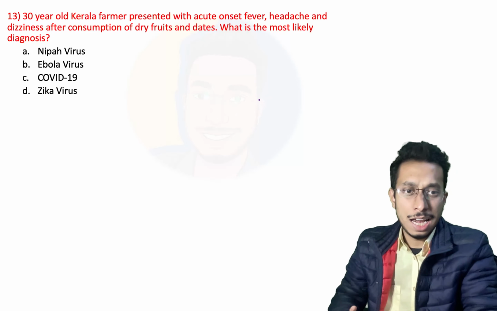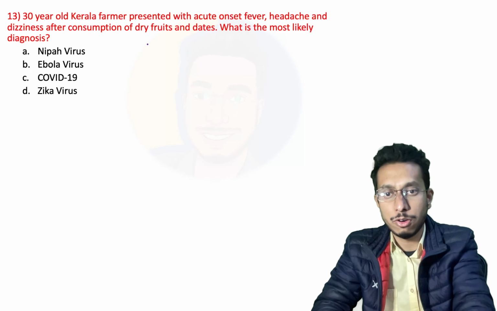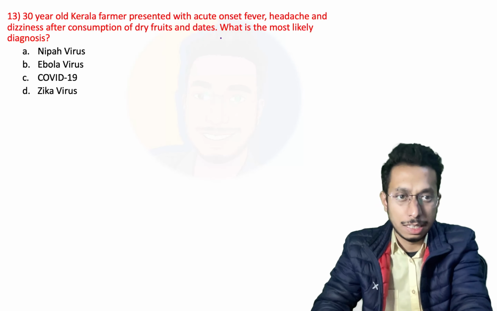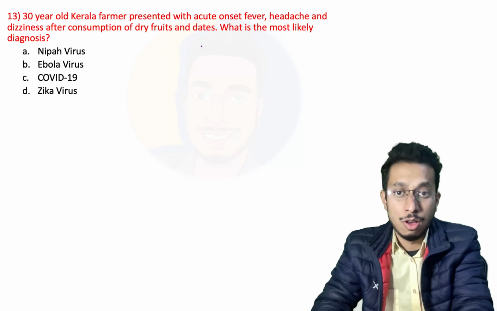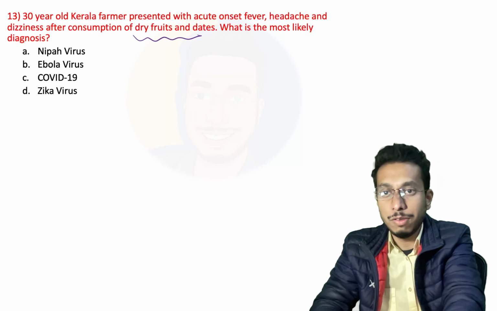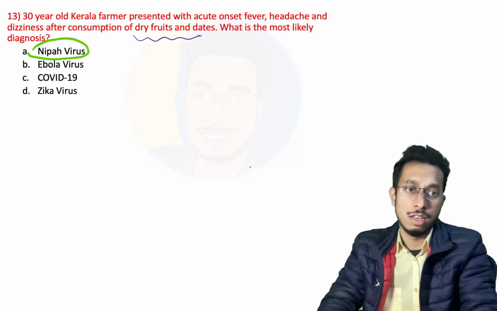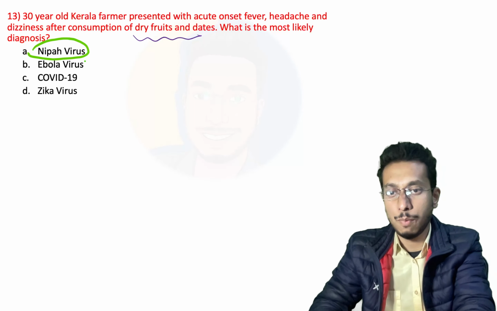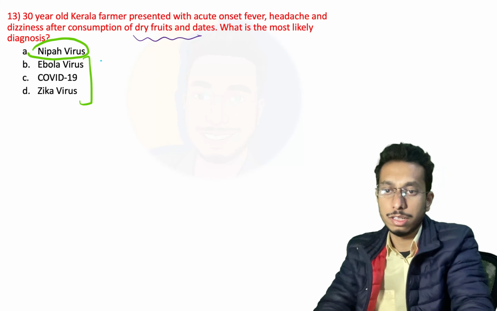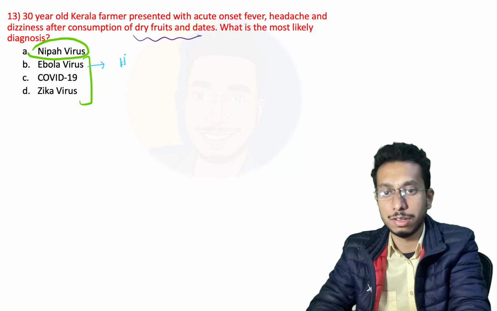So fever, headache, dizziness, this constellation of symptoms along with the risk factor of close contact with the fruit bat or contaminated food, it is nothing but a case of Nipah virus disease. Okay. So comparing other options, now what are the features of Ebola virus? Ebola virus is similar to hemorrhagic fever.